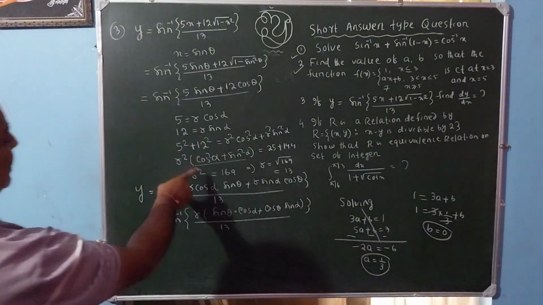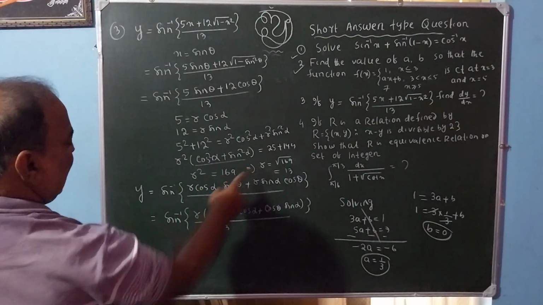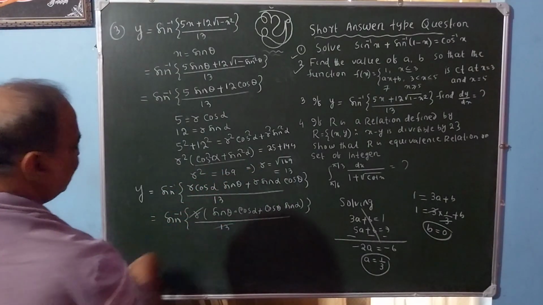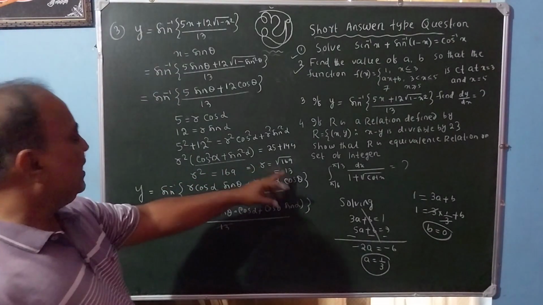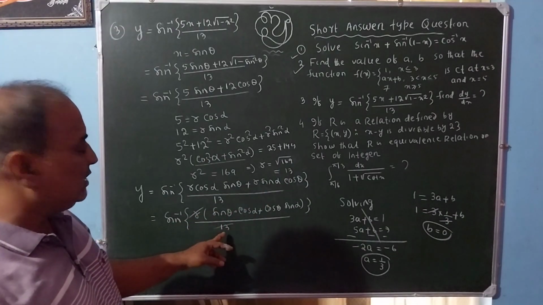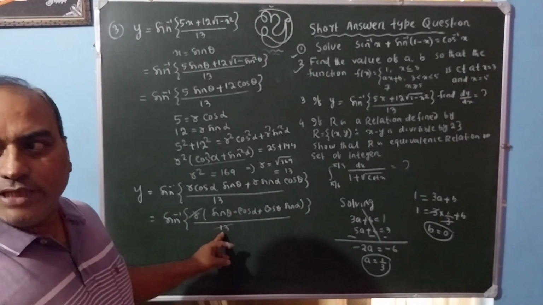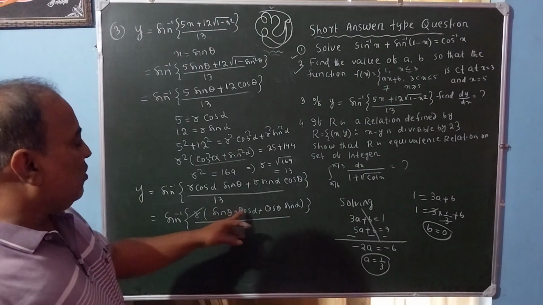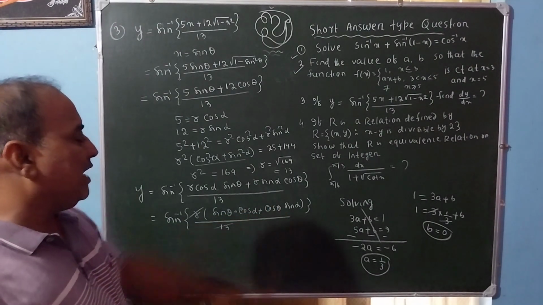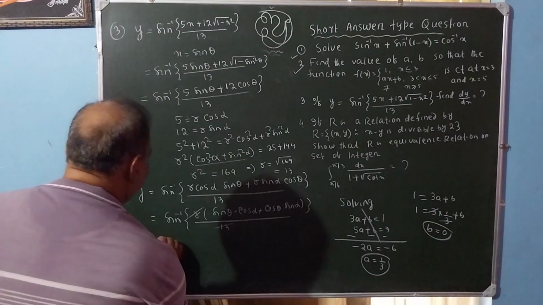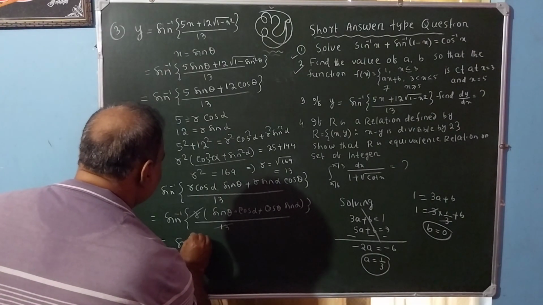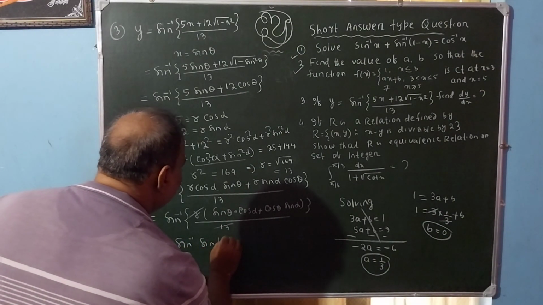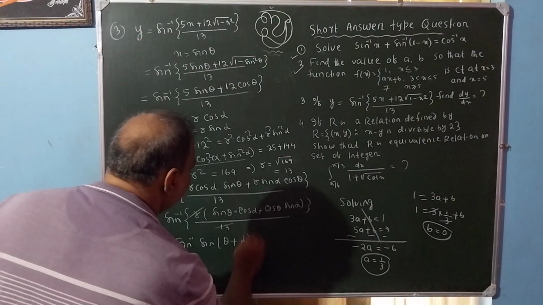The value of r is 13, so 13 on the numerator as well as the denominator will cancel each other. So we get sin theta cos alpha plus cos theta sin alpha, which by the formula is sin of theta plus alpha.